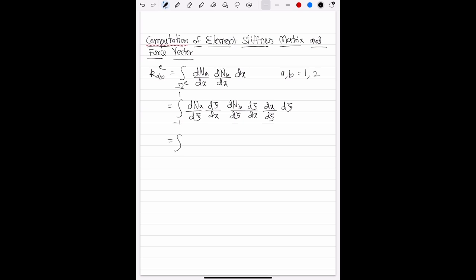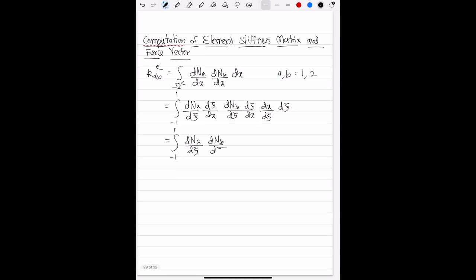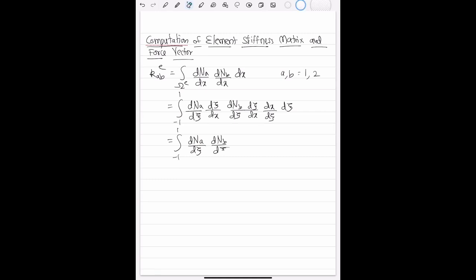This can further be simplified as the integral from -1 to 1 of dN_A/dpsi dN_B/dpsi (dx/dpsi)^-1 dpsi.